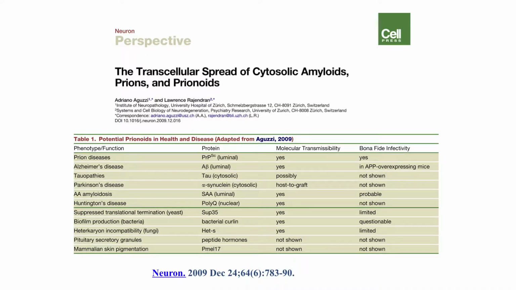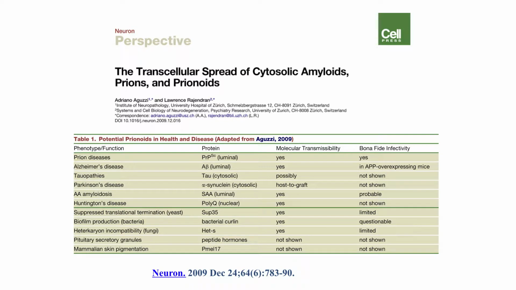But it turns out that all of these diseases have a prion-like property in that the disease can be transmitted laterally throughout the brain by the cell-to-cell transfer of amyloid aggregates or oligomers that are taken up by the neighboring cell and cause the aggregation process in an otherwise normal cell.